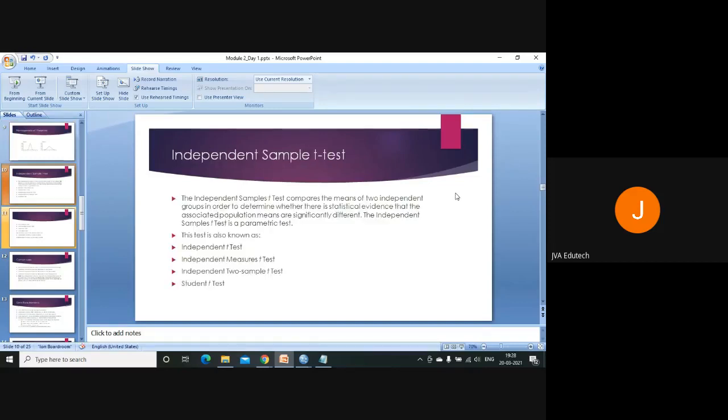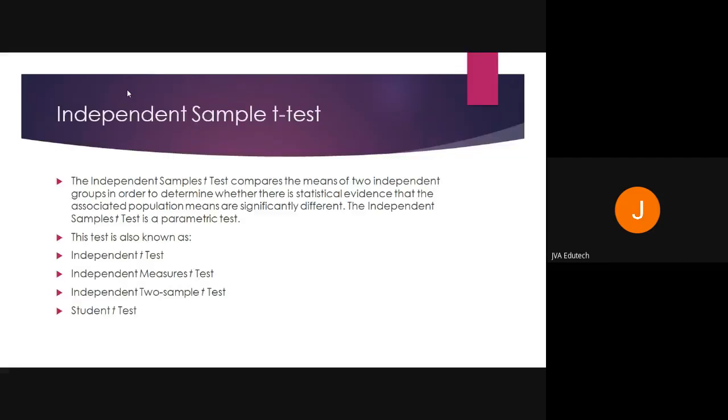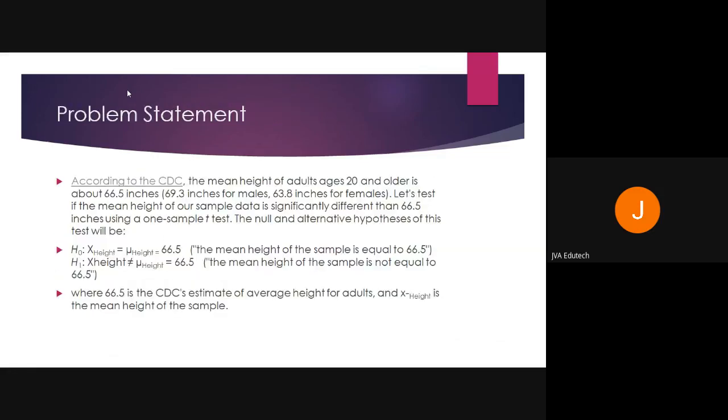Now, this homogeneity of variance I have already told. We need to check this when we go for the independent t-test. Now, one thing I forgot to mention. Normally, nobody talks about this.